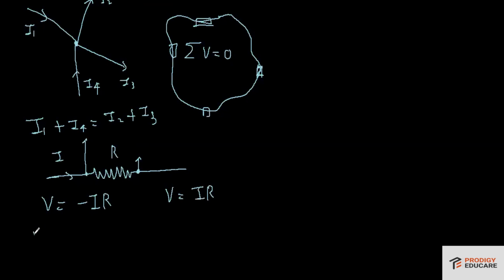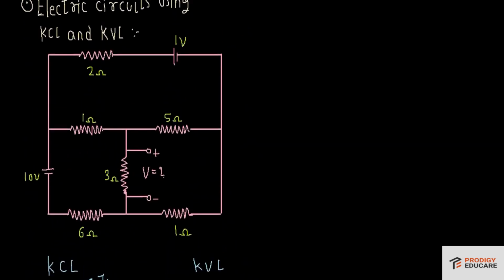Like I'll just write here, in the direction of I and opposite direction of I, this we have to write. So these two rules you have to remember while analyzing the circuit.